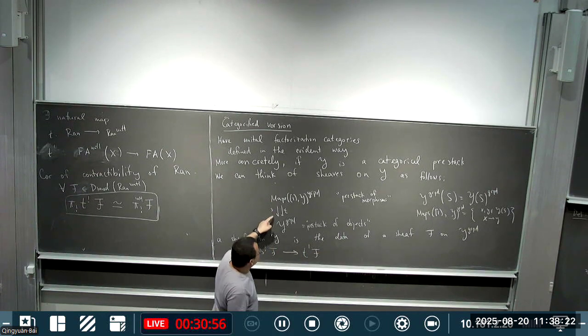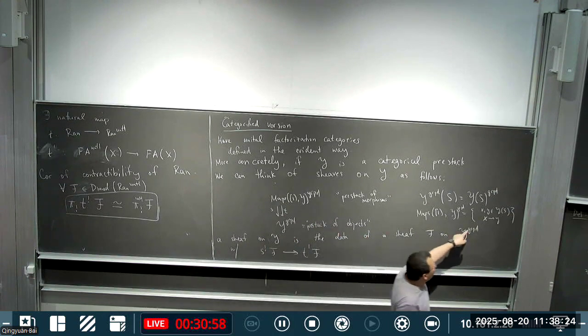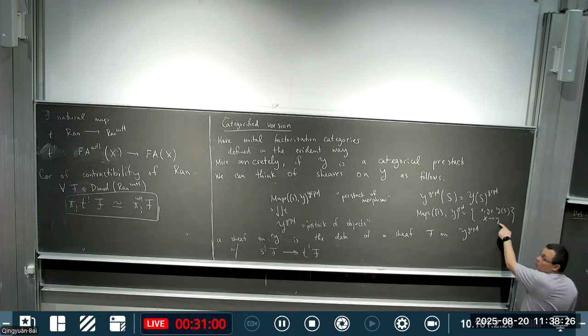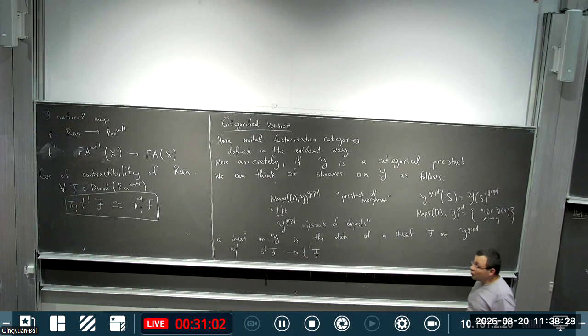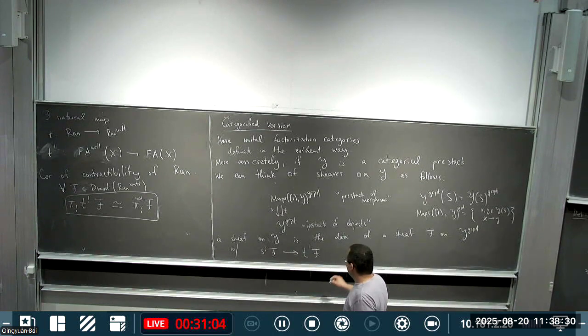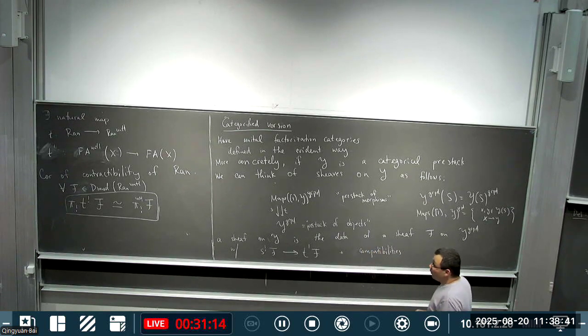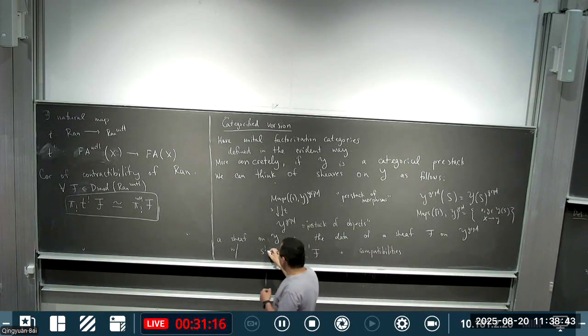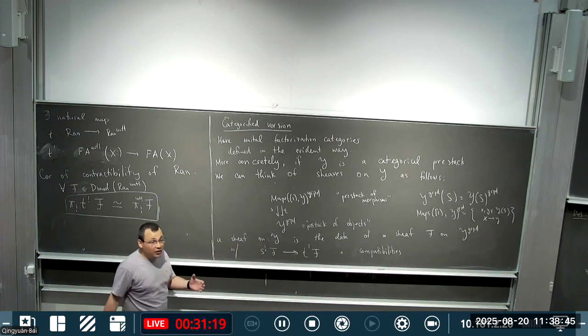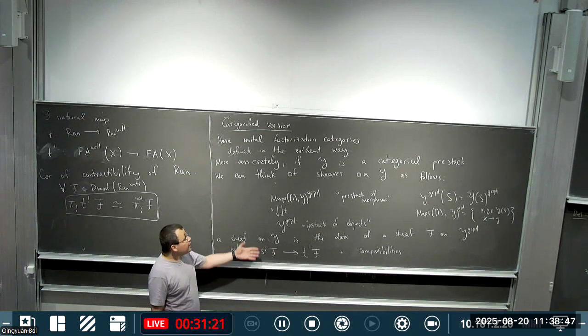I hope it's clear. S projects to T to X here, T projects to Y, and you specify a map between them, plus some compatibilities, which I'm going to ignore. So this is a down-to-earth way of thinking about what sheaves are.